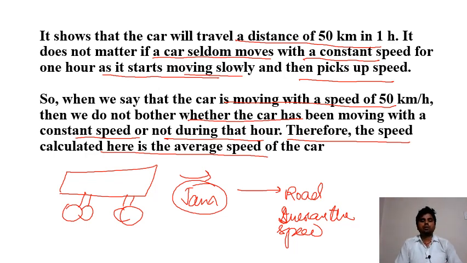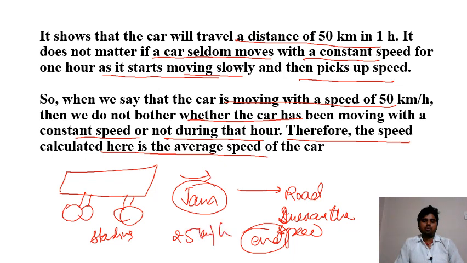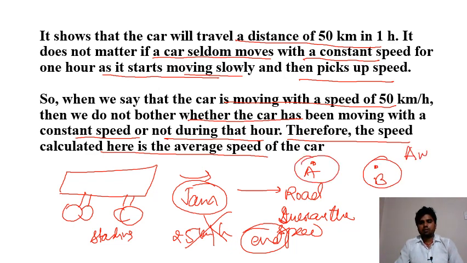So when we say 50 km per hour in 1 hour, that does not mean that from start till end the speed was the same. No, it is not the concept. Basically when we talk about the speed from position A to B, we are generally talking about the average speed. Okay, that is average speed.